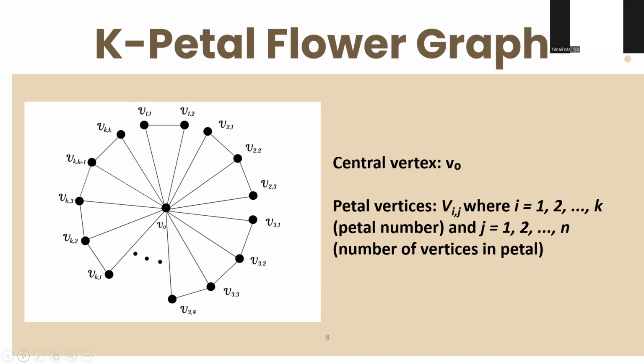Each petal contains vertices labeled as Vij, where i denotes the petal number from 1 to k and j denotes the position within the petal from 1 to n. In the triangular case, each petal forms a triangle connected to the central vertex through what we call spoke edges. The outer edges of each petal connect the petal vertices to one another.